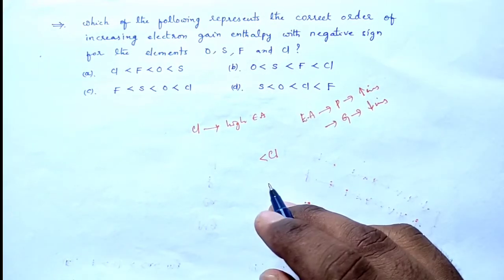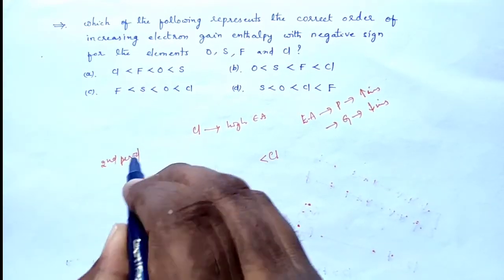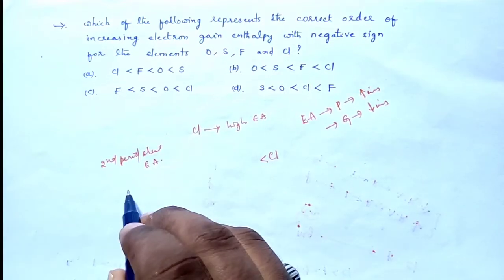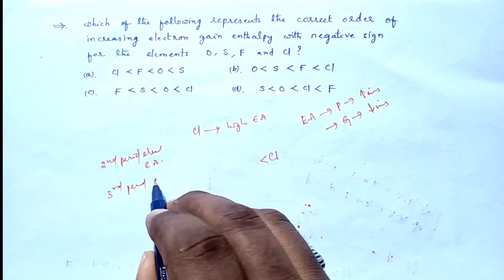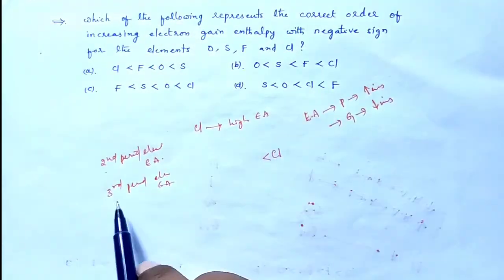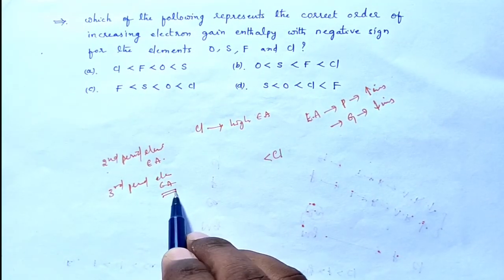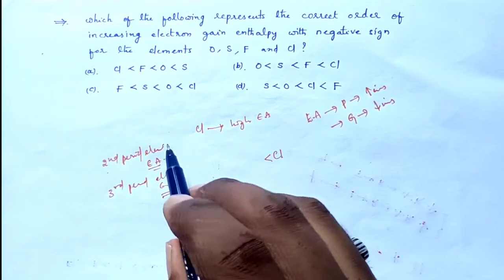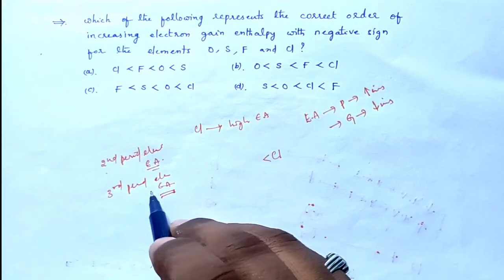But it is interestingly known that if you compare second period elements' electron gain enthalpy or electron affinity with third period elements' electron affinity, the third period elements have slightly higher electron affinity values when compared with the second period elements. This is just because of the very small size of second period elements when compared with third period elements.